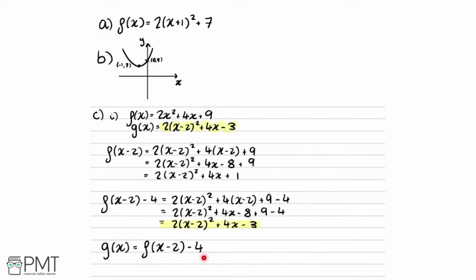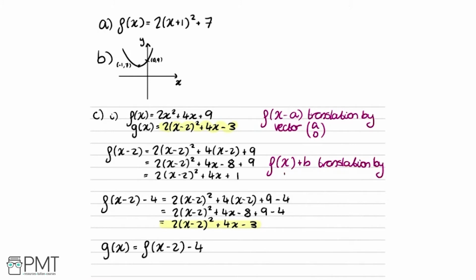Now we just need to try and work out what transformation this represents. Now I'm going to think of some transformations in general. In general, if we have f of (x minus a), that is a translation by vector (a, 0). Or if we've got a transformation which is f of x, say plus b, that's a translation by vector (0, b).